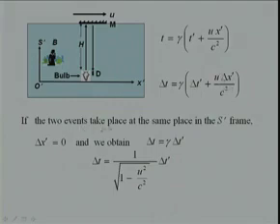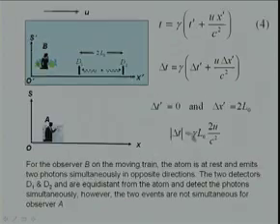If the two events take place at the same place in the S prime frame, then delta x prime is 0 and delta t prime is the proper time, and delta t will be slightly greater than delta t prime. So, this is the phenomenon of time dilation.